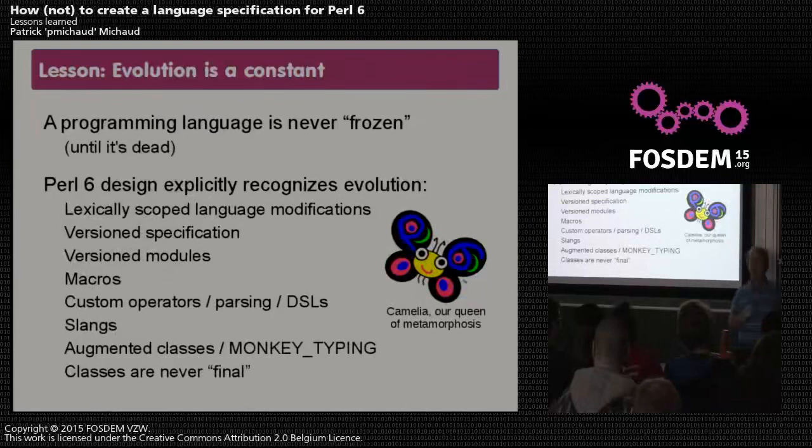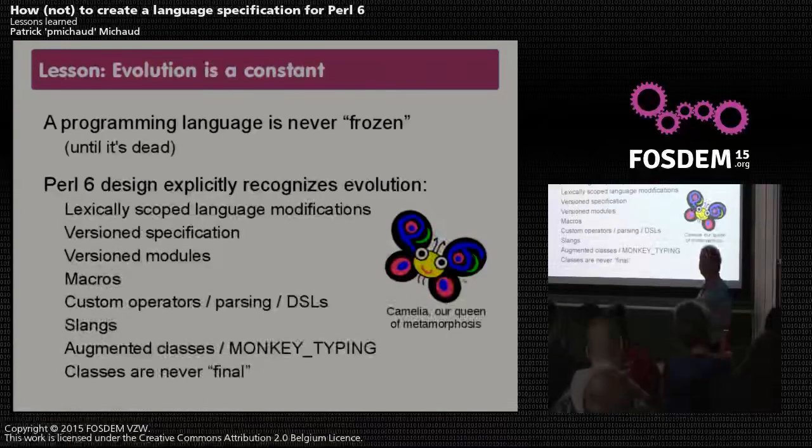But you can go and modify the base level classes. Classes in Perl 6 are never finalized. Well, actually, the application is allowed to, but a class cannot say, I'm final and no inheritance, no things like that. There's not a way to do that in Perl 6. Again, explicitly recognizing that what we might think of as being the final word today may not be that way in the future.